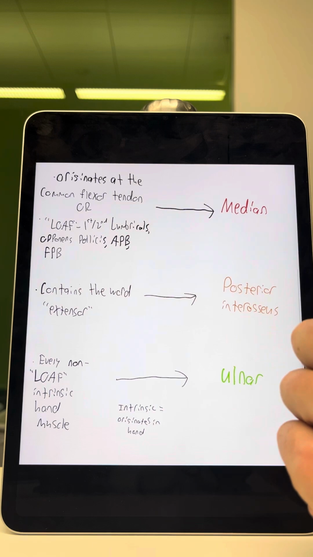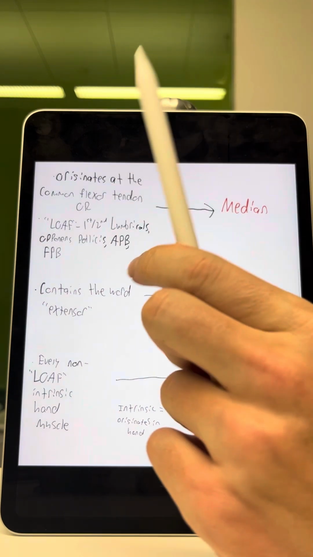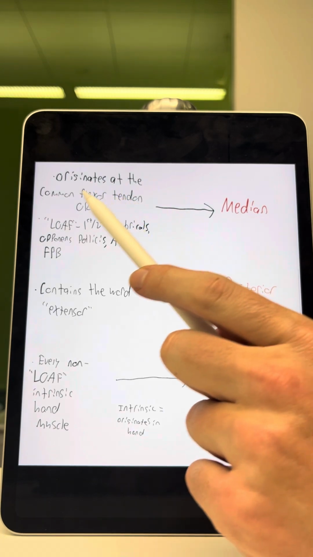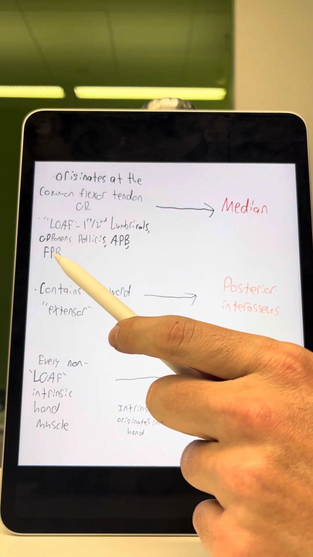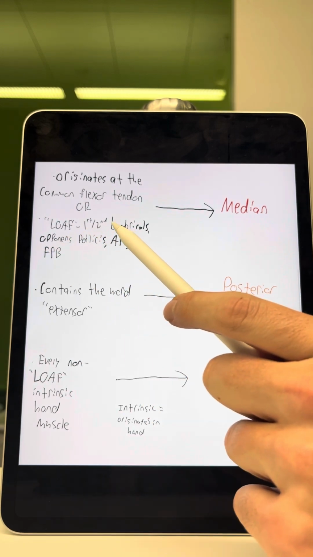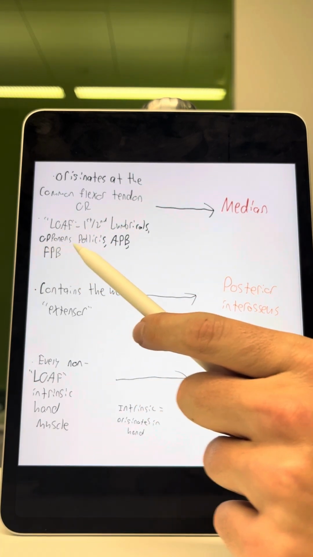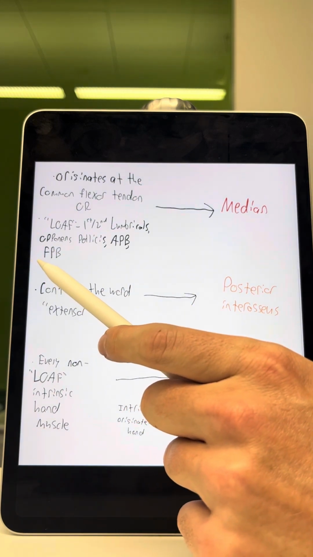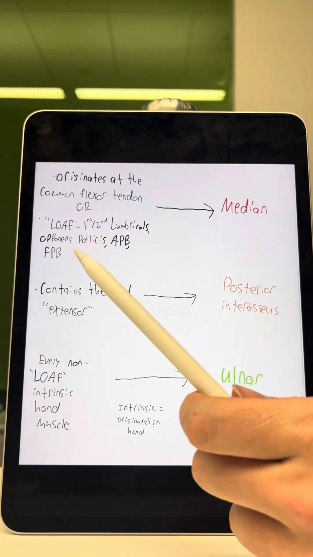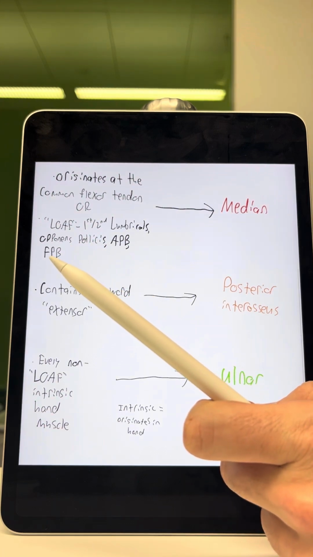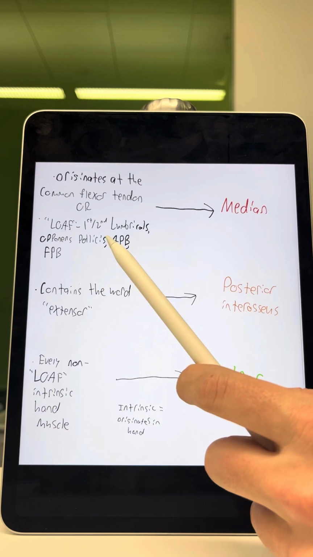So if you have a muscle in mind, ask yourself, does it originate at the common flexor tendon, or is it a part of the LOAF acronym, which stands for the first and second lumbricals, opponens pollicis, abductor pollicis brevis, or flexor pollicis brevis. Basically just a majority of the thenar intrinsic hand muscles.